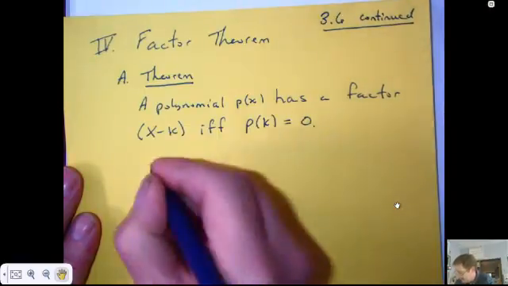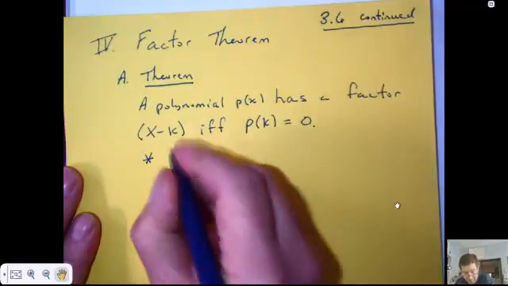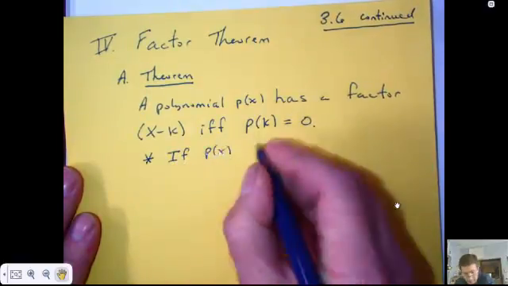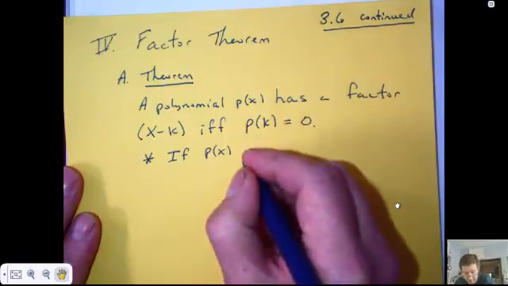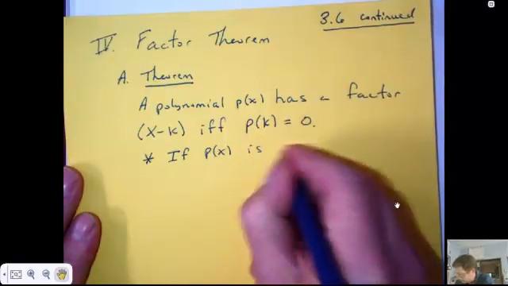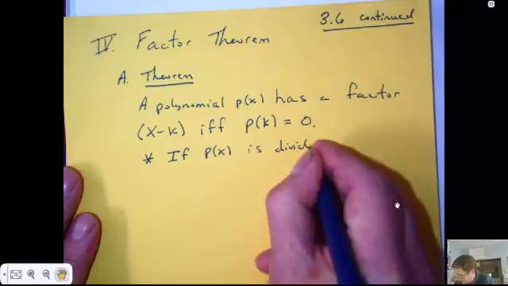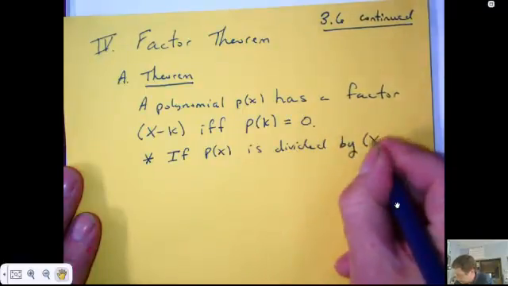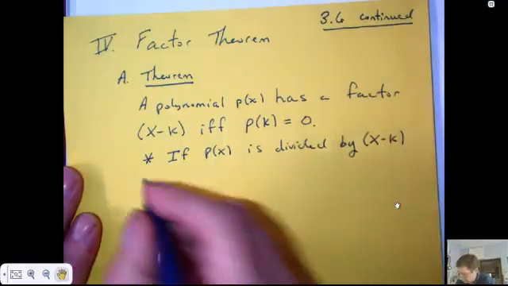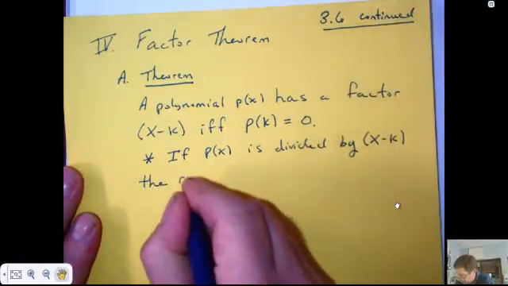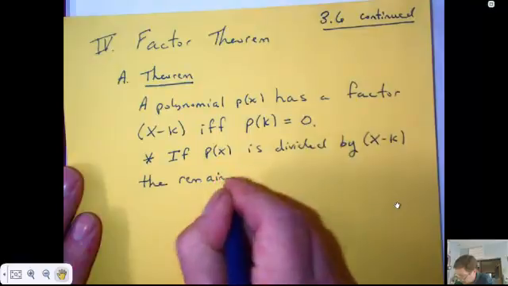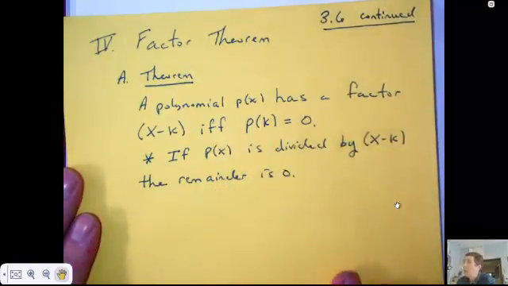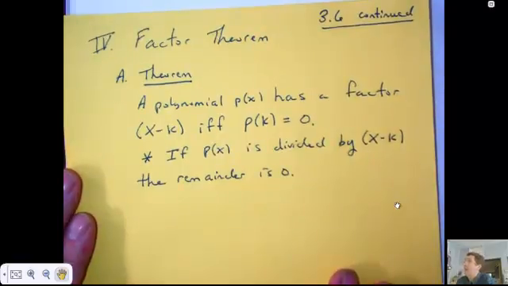Which is the same thing really as saying that if I take P of x, the polynomial, and divide by x minus k, the remainder would be 0. Okay, that's the factor theorem.